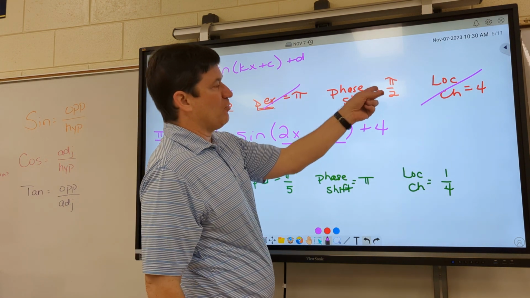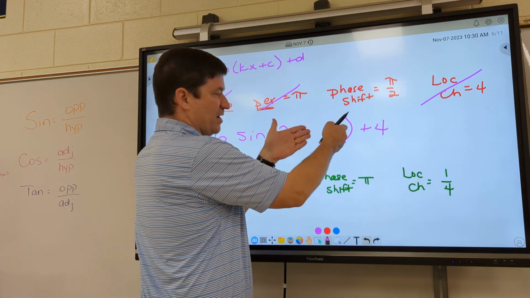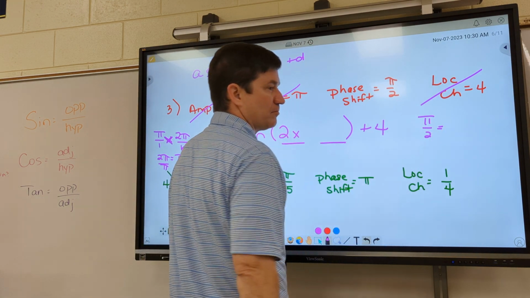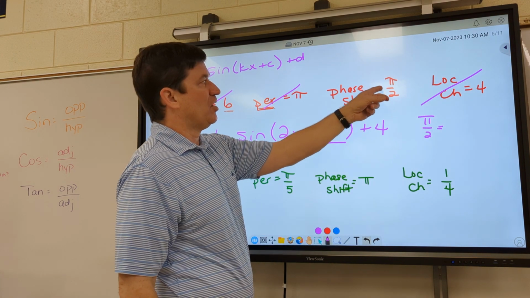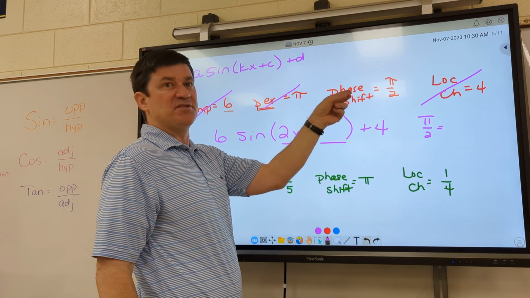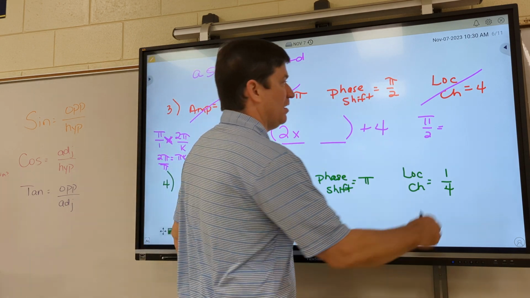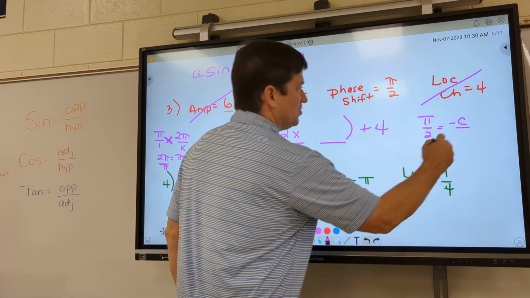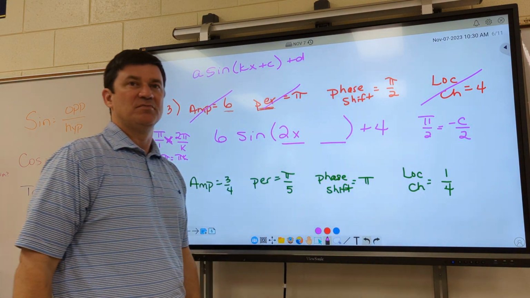All right, Ashlyn, we only got one more number we haven't used, and this is going to help us find this spot. So I bring down that number, pi over 2. Since that's my number for phase shift, I got to match it with the formula for phase shift, which is negative c over k. And we already found out k is 2, so I'm going to put negative c over 2.